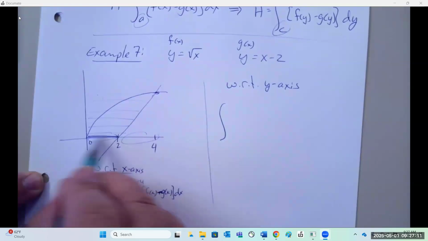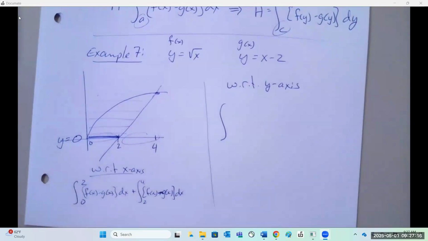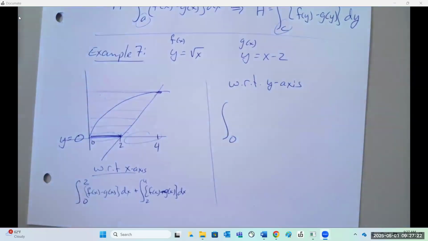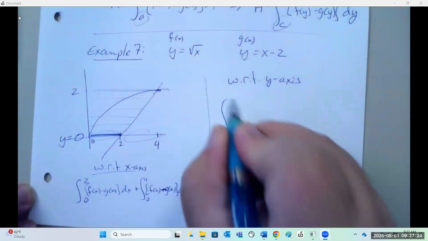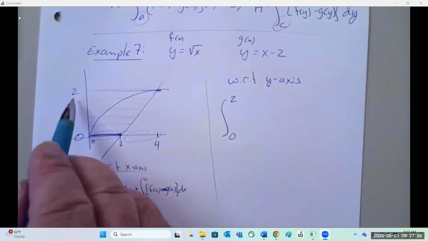The lower bound is y equals 0, and the upper bound is 2. Why is it 2?